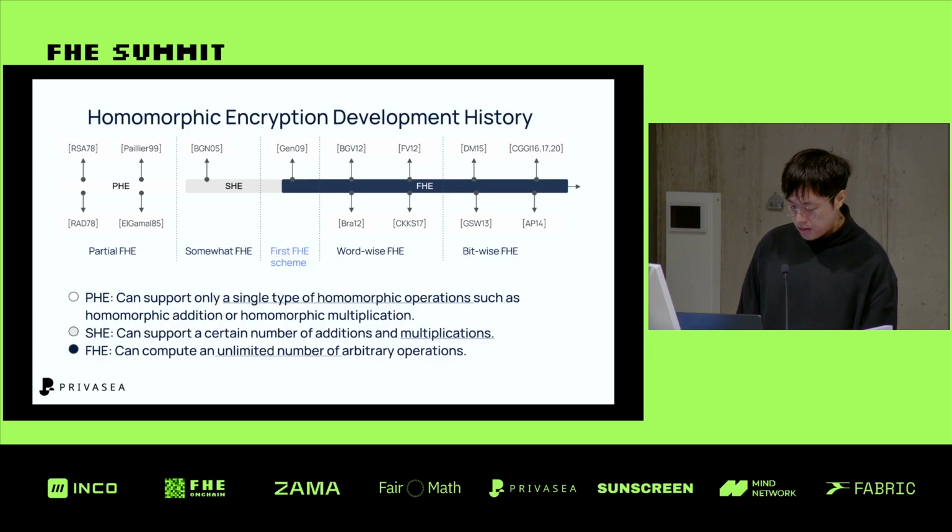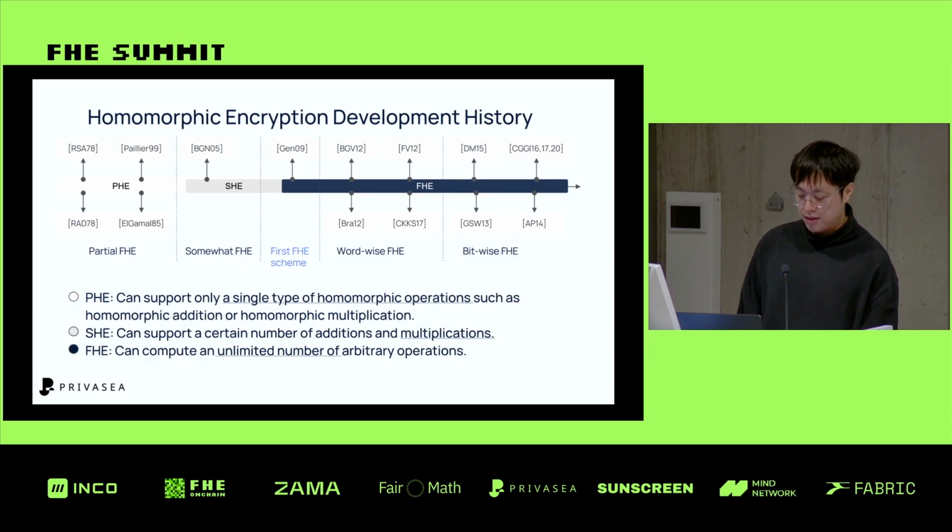The current mainstream FHE schemes can be divided into two types: word-wise FHE and bitwise FHE. Word-wise FHE includes BGV, BFV, and CKKS, and bitwise schemes include FHEW and TFHE.